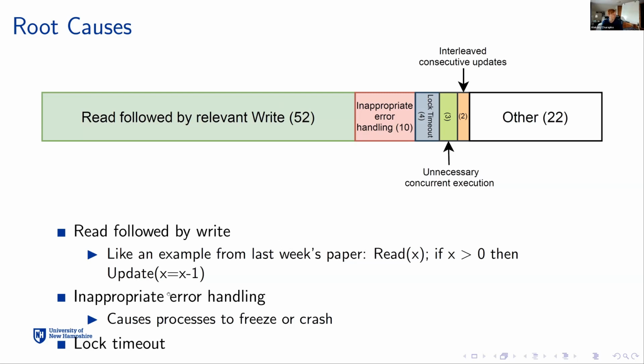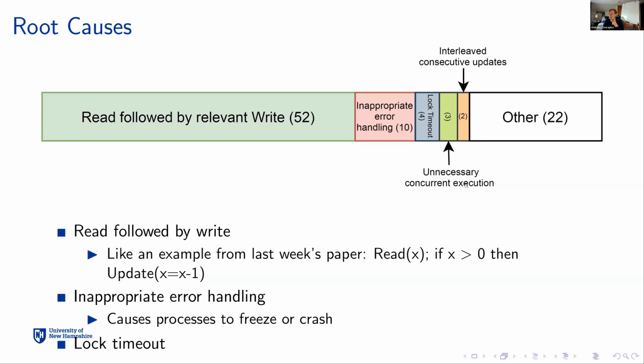Another decently big category for the root cause was inappropriate error handling. That category resulted in a crash and whatnot. That's essentially not handling the exception and causing the failure, causing the application to freeze or crash. There were a few other smaller categories, like lock timeout, waiting too much, then things timing out and just proceeding as if the lock didn't exist.